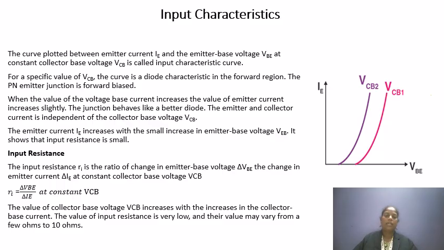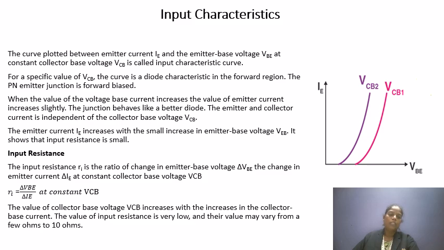Let us see the input characteristics. The curve is plotted between IE and the input voltage, the base emitter voltage. So how much current are we giving? What we told already, the output voltage, the collector base voltage, is kept constant. We are giving the forward bias. In forward bias, the charge carriers move from the emitter towards the collector.